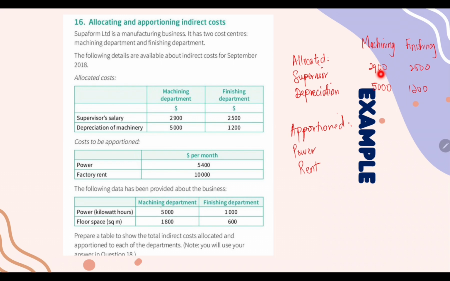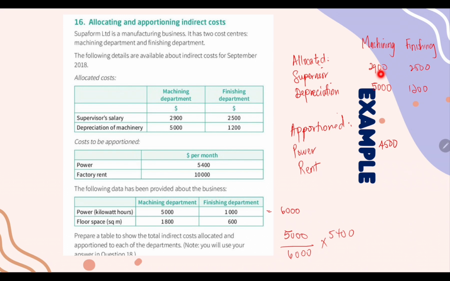For power, in the two departments there is a total of 6,000 kilowatts. To share this out, we check that the machining department used 5,000 out of the 6,000. So it's 5,000 divided by 6,000 times 5,400, which gives 4,500.